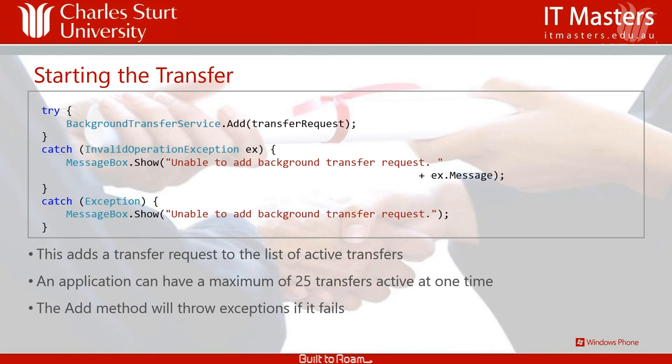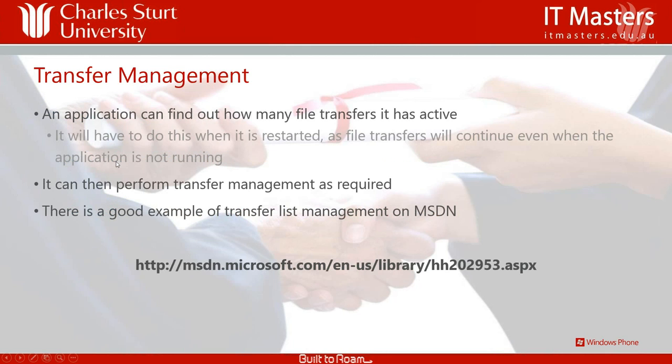They aren't removed out of the transfers list until you actively remove them. So even if they complete in the background, they'll still be there, so you can query their status. There's a good example on MSDN for how to handle the background transfers.